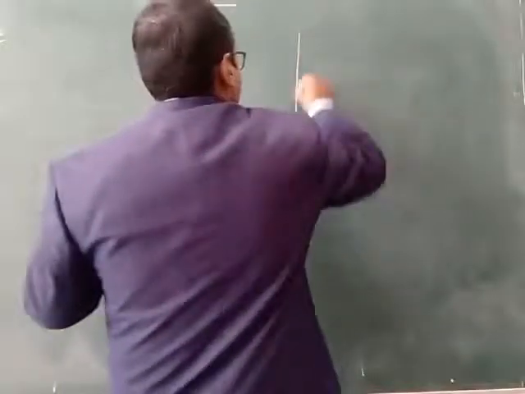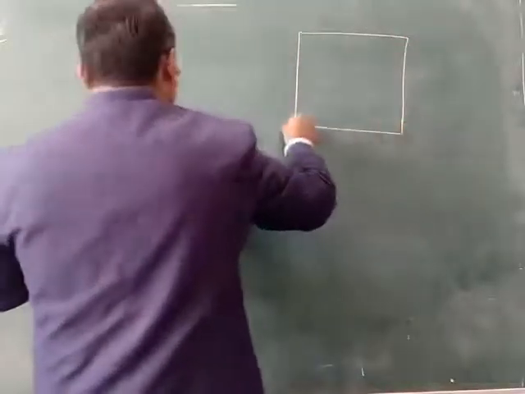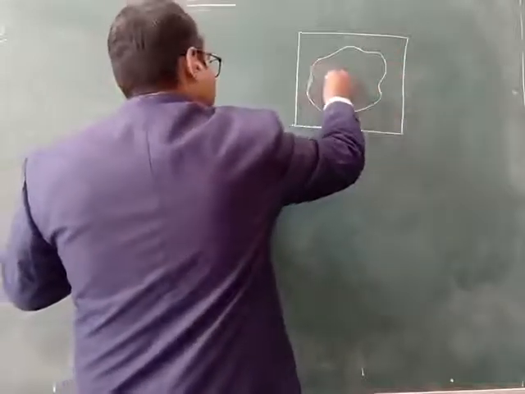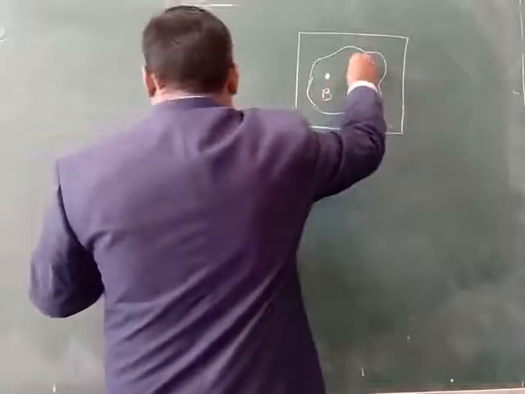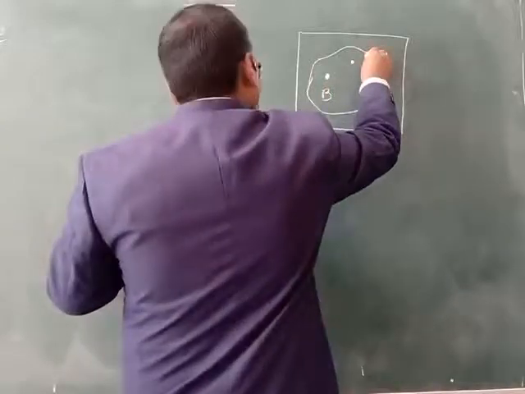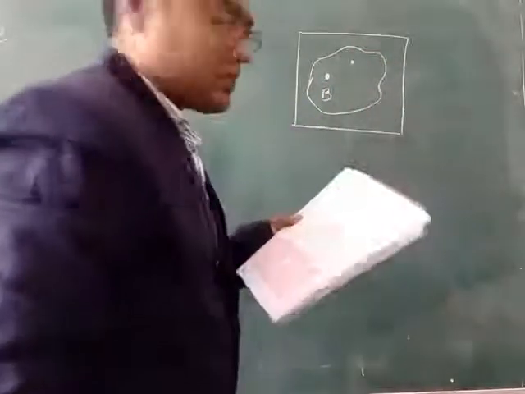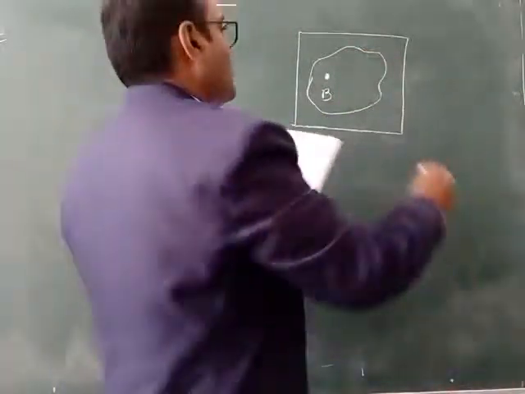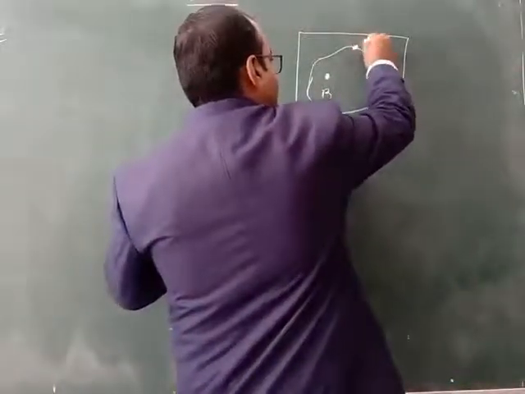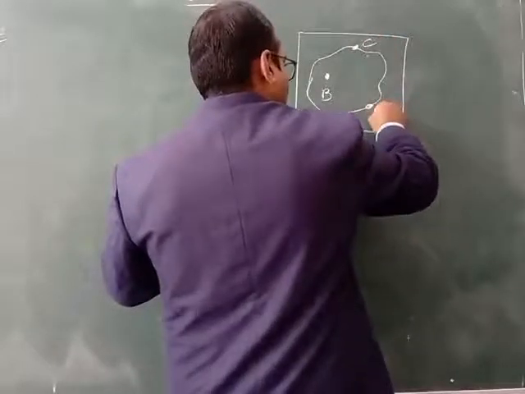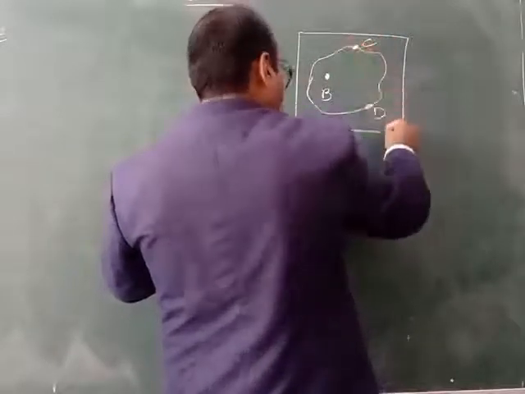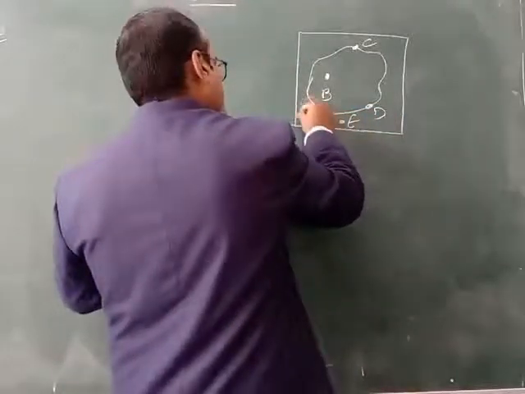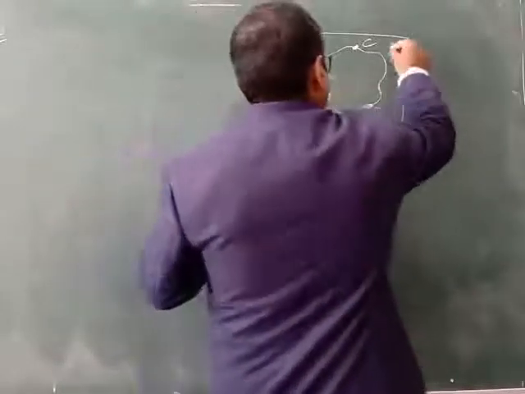A figure is given. Inside it is written B. Here it is written C, and here D. Outside this figure, E is written, A is written, G is written.